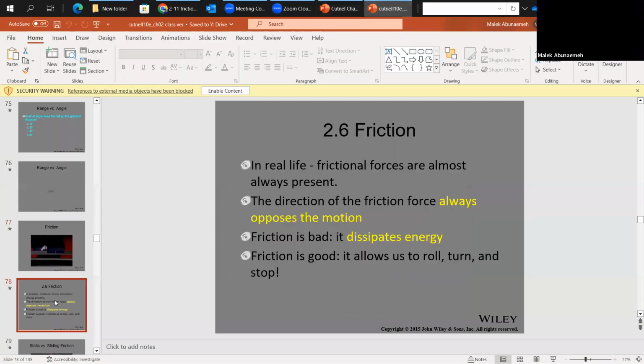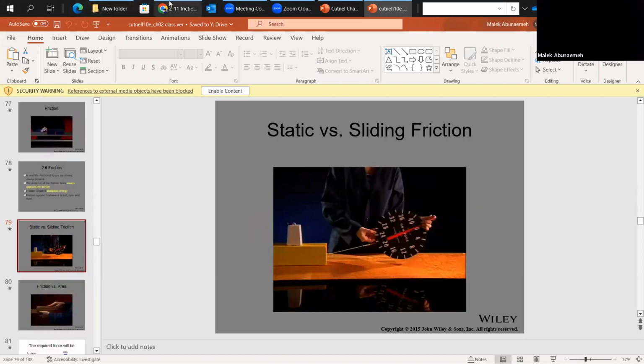All right, so in real life, friction forces are always present. The direction of the friction force always opposes the motion. When you walk, you're going straight, and your friction goes opposite of you. That way you can walk in the direction that you want. Friction is bad sometimes because it dissipates energy, but it's good because it allows you to run, walk, stop, etc. Now let's go ahead and look at the next one.